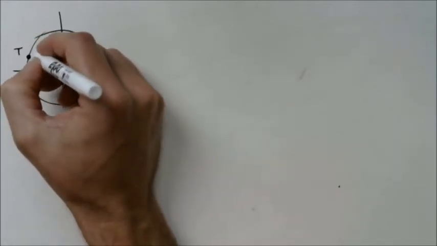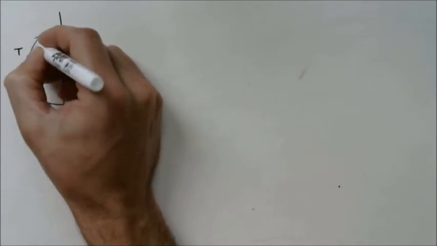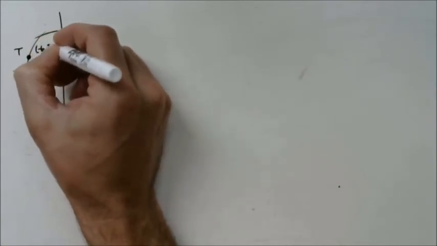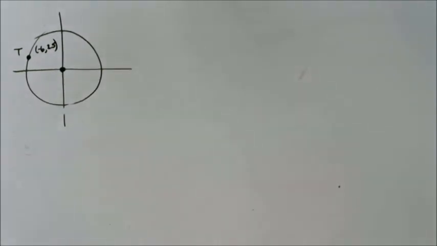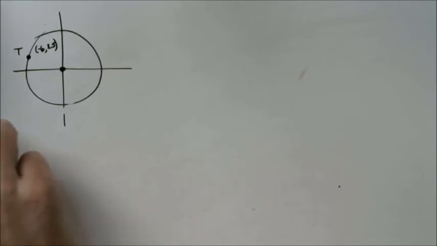T for Ted, and (-6, 2.5). Okay? Now we're told that Suzette's house has the same tangent ratio as the angle of rotation for Ted's house, and then we need to find out where Suzette's house is.